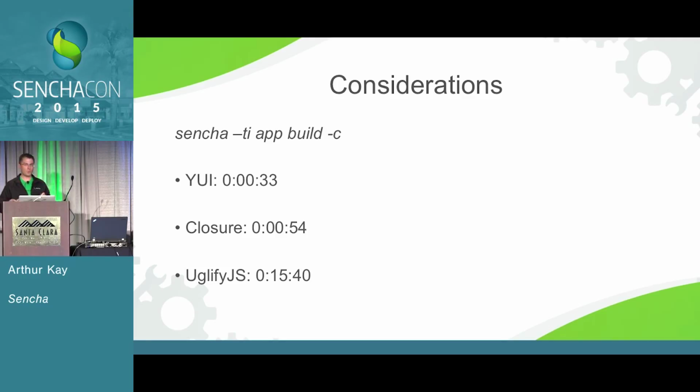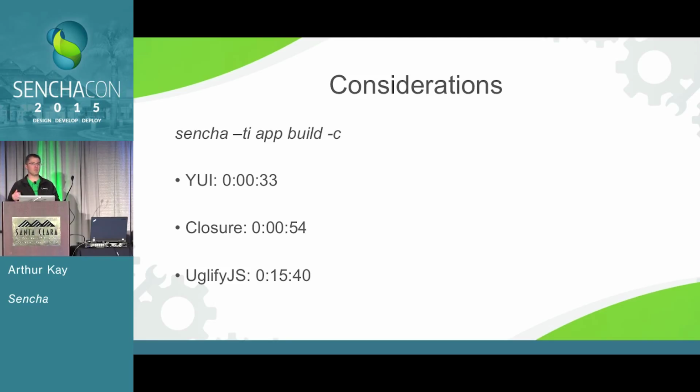So what you may want to consider as you're building your applications out in the wild, if you're going to run production builds on your local machine several times a day, it may be worth your while to use either YUI Compressor by default or Google Closure, because you're running them very frequently.